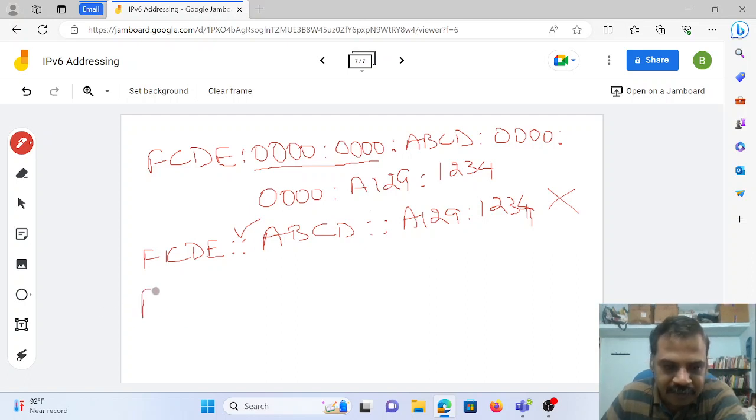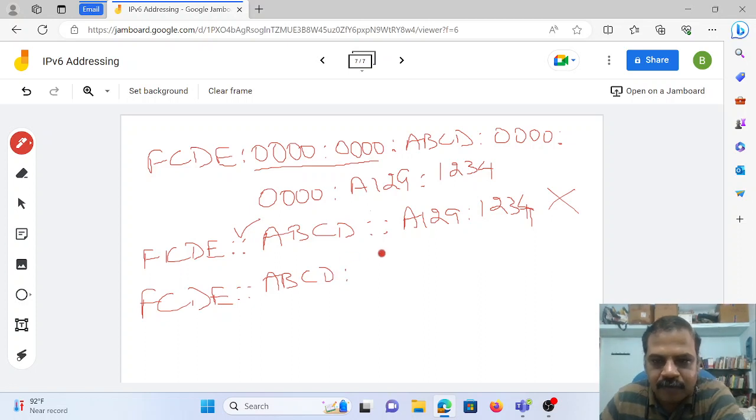So this can be written as FCDE double colon ABCD. For all four zeros we can make a single 0 because value-wise it is the same. Again for this 4010, then it can be A129, then 1234. This is right.